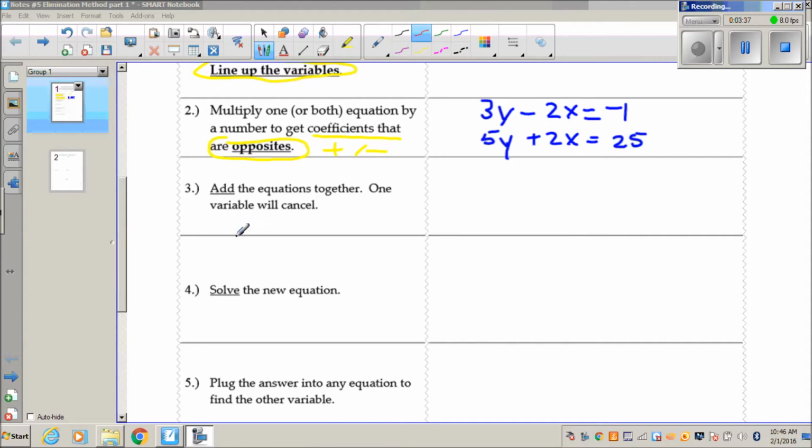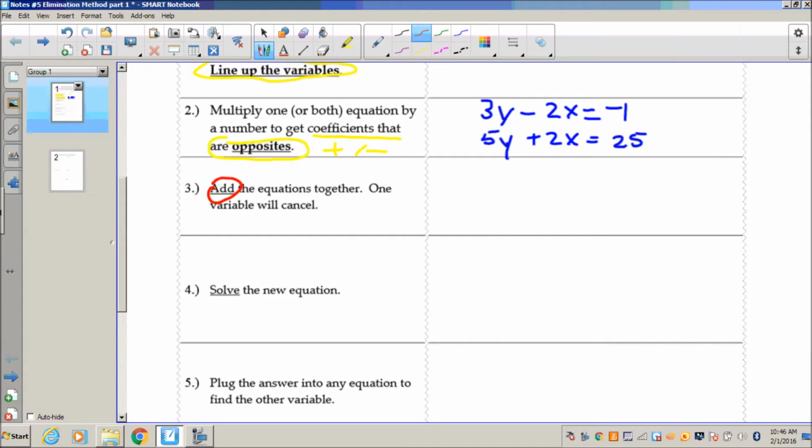The next step, step 3, says add the equations together. So if I add these two equations together, I line them up and add them. 3y plus 5y is going to be 8y.